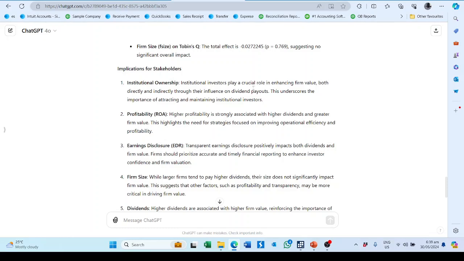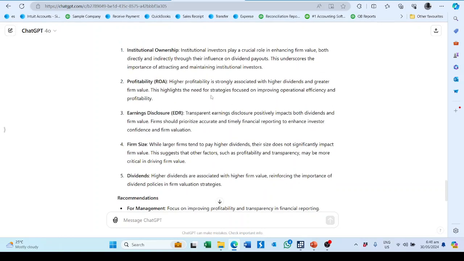Institutional investors play a crucial role in enhancing firm value, both directly and indirectly through their influence on dividend payouts. This underscores the importance of attracting and maintaining institutional investors. Two, profitability. Higher profitability is strongly associated with higher dividends and greater firm value.